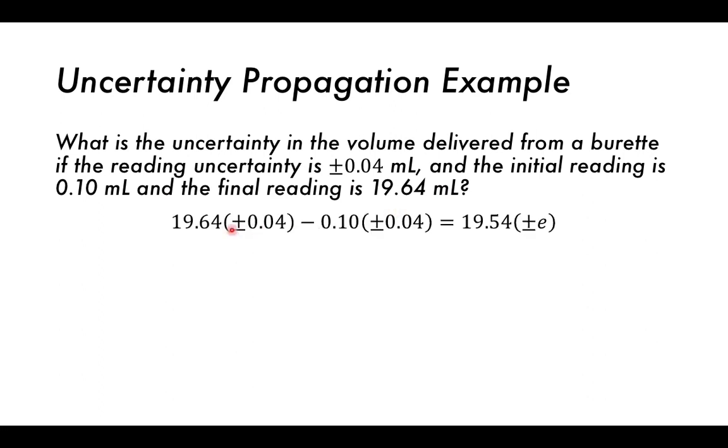So if we have 19.64 milliliters plus or minus the error, minus 0.10 milliliters, we can obtain the total volume transferred, which is 19.54 milliliters plus or minus the error, which we are being asked to determine.